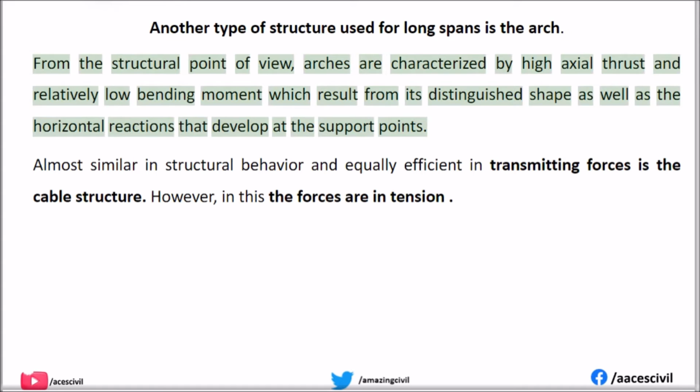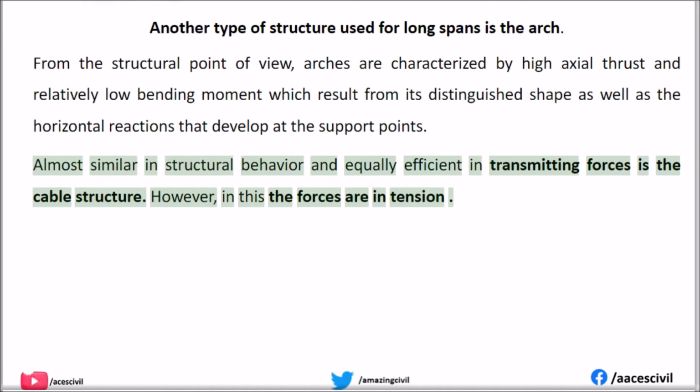Another type of structure used for long spans is the arch. From the structural point of view, arches are characterized by high axial thrust and relatively low bending moment, which result from its distinguished shape as well as the horizontal reactions that develop at the support points.